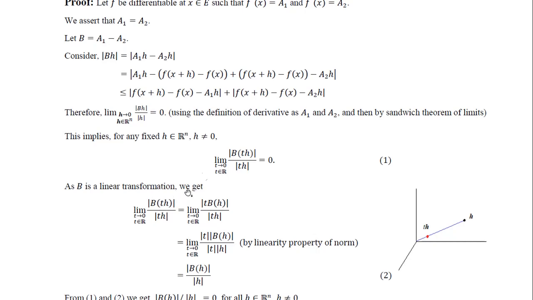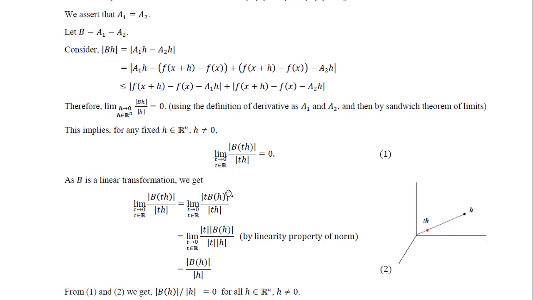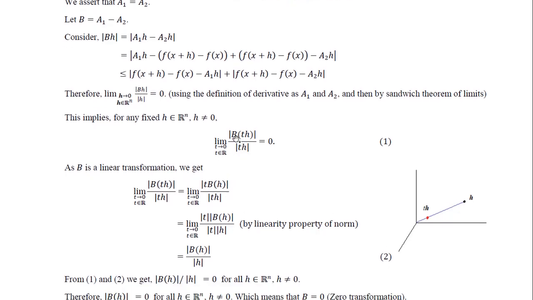And now let us consider this portion, means the left hand side, and utilize this property of linear transformation to analyze it further. And then you will understand that because of this B being a linear transformation and therefore t getting out of this, what help it gives us, and that will make you understand why we have taken, instead of simply Bh, B applied to th. In my last video also I told that we write in general as Bh.